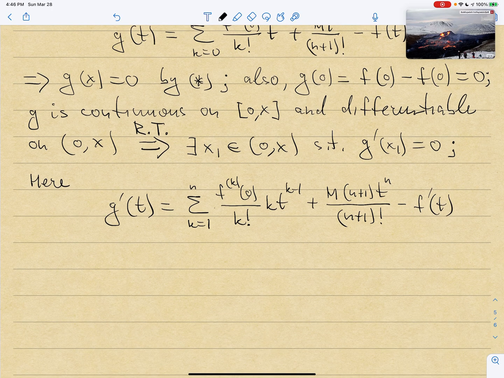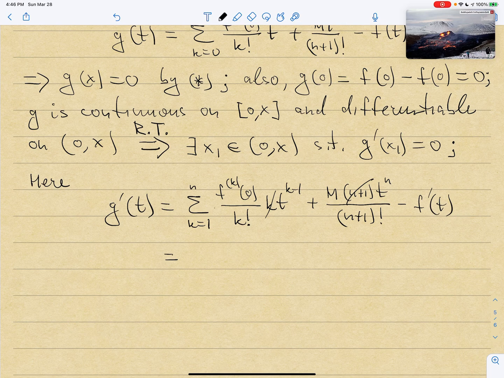And so now I can try to simplify this. So k cancels, n plus 1 cancels, and k factorial and n plus 1 factorial become k minus 1 factorial and n factorial respectively.